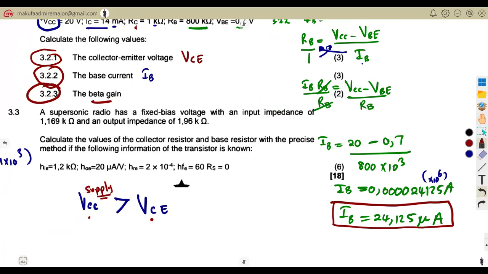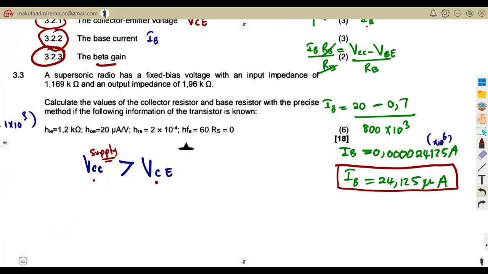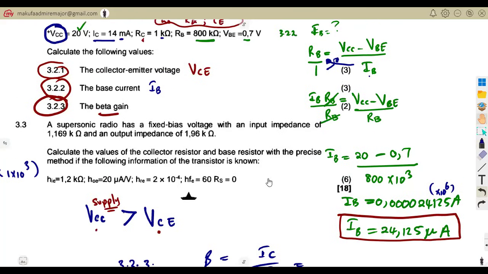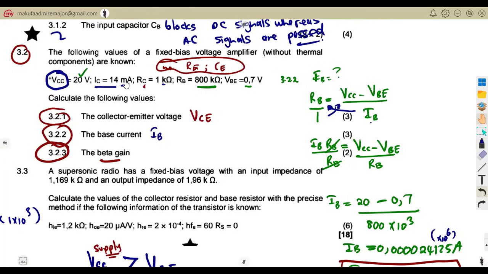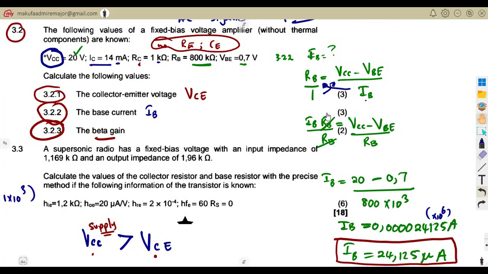Beta gain. Remember your beta gain, because we have IB there, so we can calculate our beta gain, which is the ratio between the collector current and the base current. This one, guys, these were also given in our formula sheet. So we're just going to take our IC. Remember, our IC was 14 milliamps.